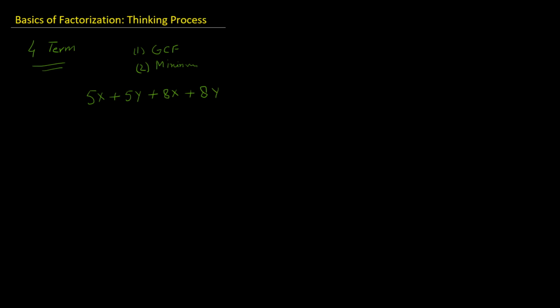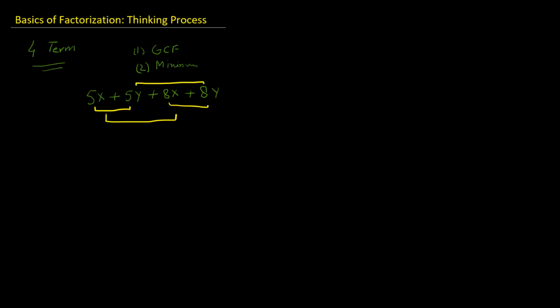Whether something is common in 2 terms, yes, there are a few things we can take common from 2 terms. For example, we can take 5 common from these two and 8 common from these two. Or we can take x common from these two and y common from these two.